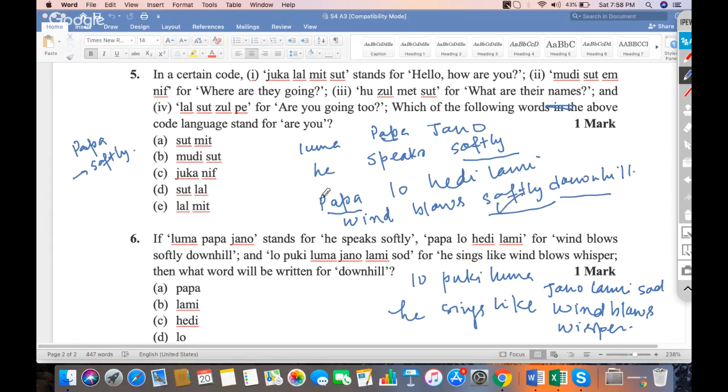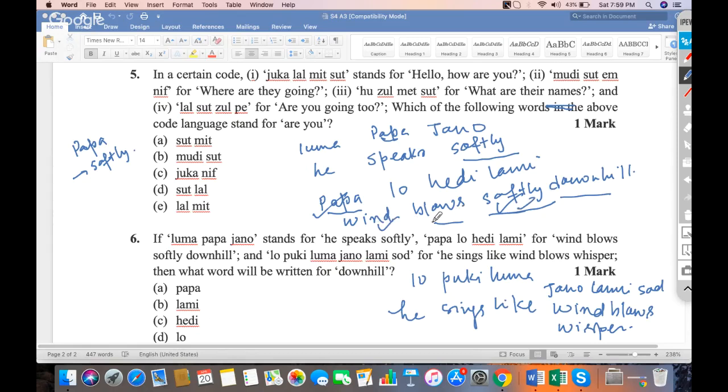So I already know it for softly. Now try to understand. Wind blows is there. So two things have to be there. So at least one of them should be there. So you look at here. He is there, and from here lo softly. So one second.